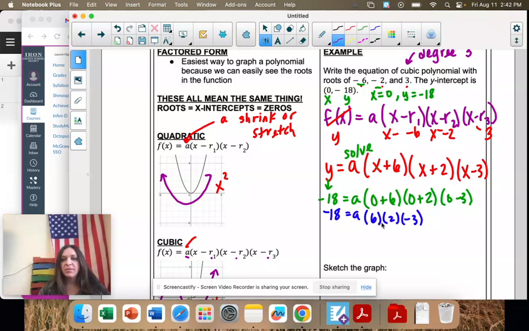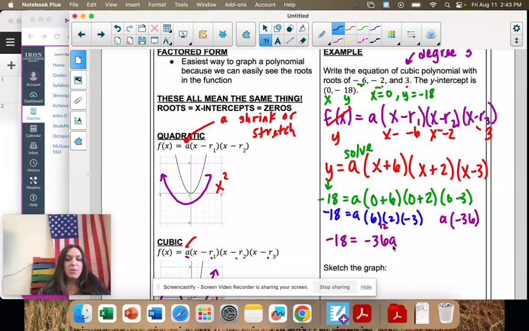So we have 6 times 2, which is 12, times -3, which is -36. And I'm going to write the -36 next to the a. This is a times -36. So I'm just writing it a different way so it looks like what we're used to.